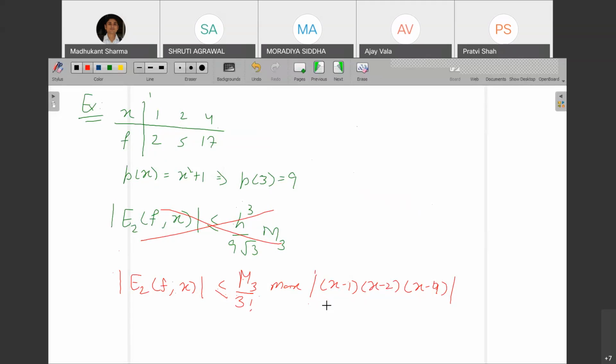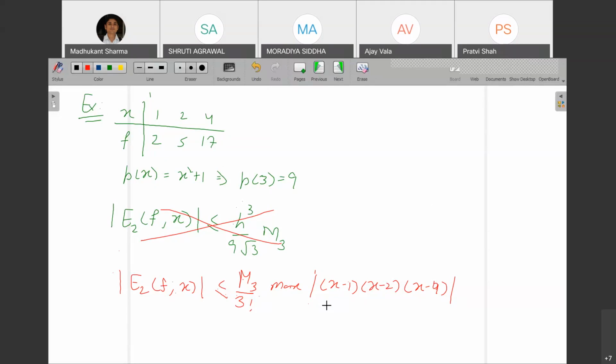Okay, so we are going to stop here for this lecture, whatever we have covered so far. Next we are going to see how Newton's form of interpolating polynomial is helpful. What are the disadvantages of Lagrange's interpolating polynomial?